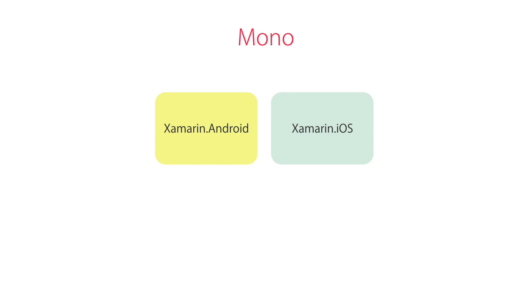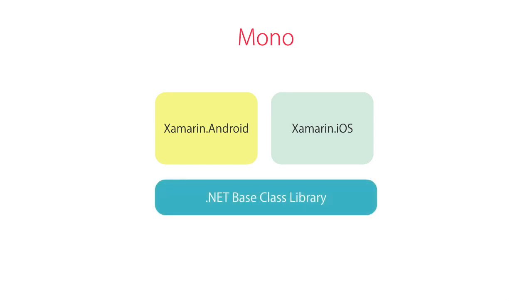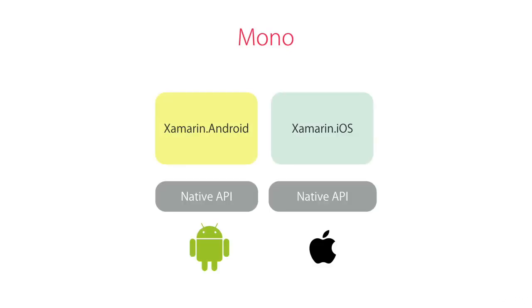Both these libraries give you access to the .NET base class library. So you have the same namespaces you are familiar with. You got the same classes with the same interfaces, but they also give you access to the native API on their platform. So you have access to additional assemblies and namespaces that mimic the ones that come natively with Android and iOS.